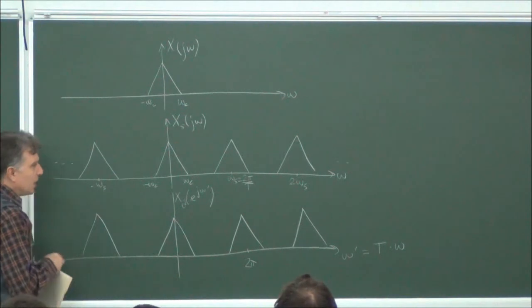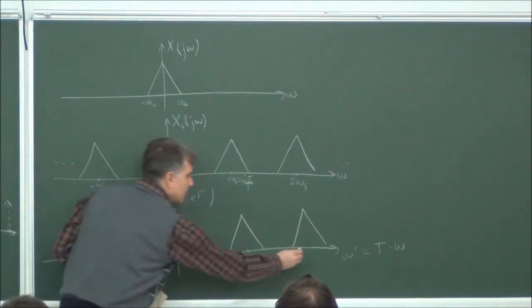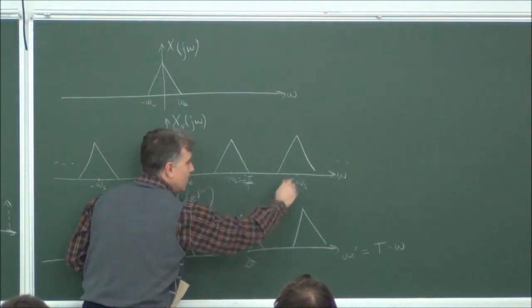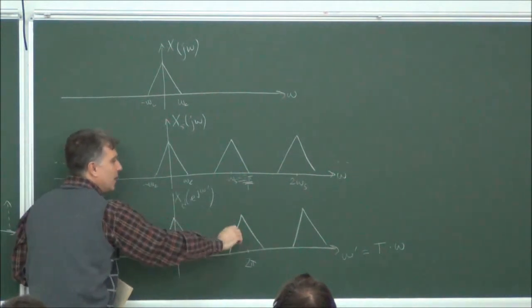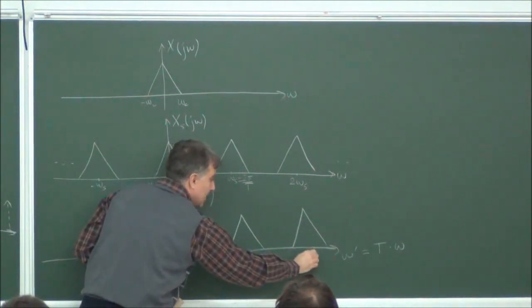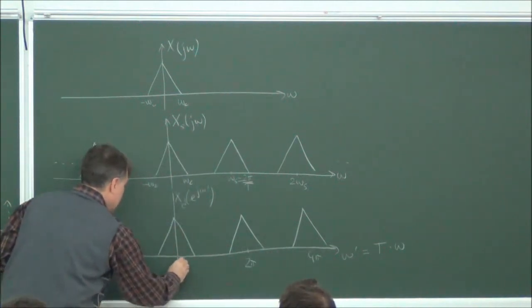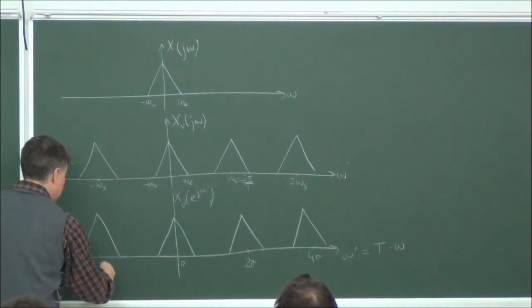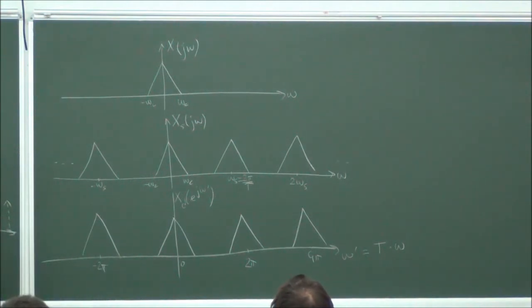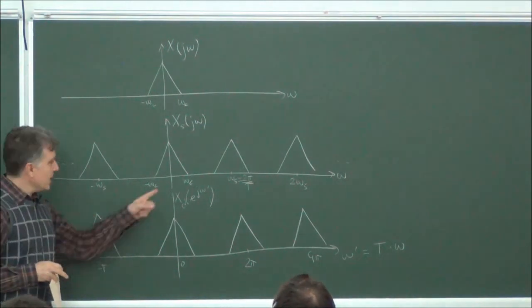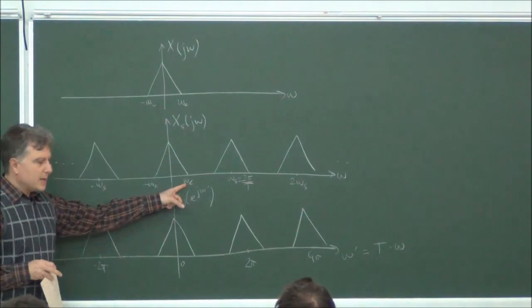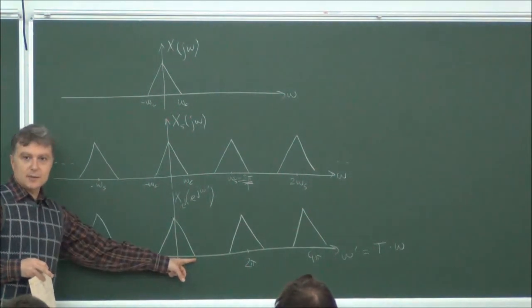And how did we have this kind of shape? By multiplying this old axis at the top figure by capital T. So this is 2 pi, this is 4 pi, and this is again 0, and this is minus 2 pi, it becomes. Of course, some of the parameters also change. For example, previously it was omega c. Now what is it?